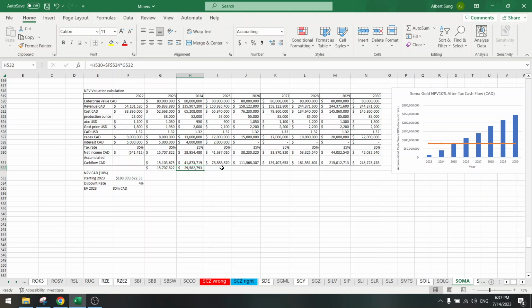So the third year, how much money do I get? I get, of course, this number plus 4%, because that's the rate. 4% on this cash flow plus this cash flow, right?